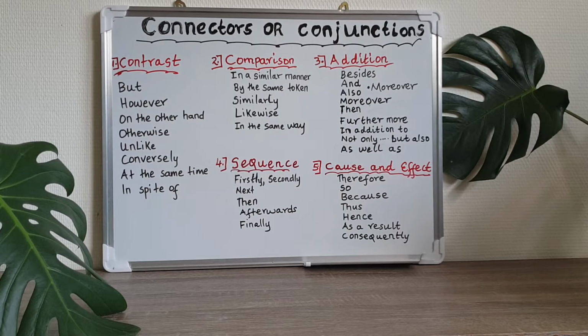Okay? For example, if I say, Jack kicked the ball. Jack kicked the ball. That is a simple sentence because it has one verb, which is kicked. But imagine that Jack kicked the ball and then he scored a goal.